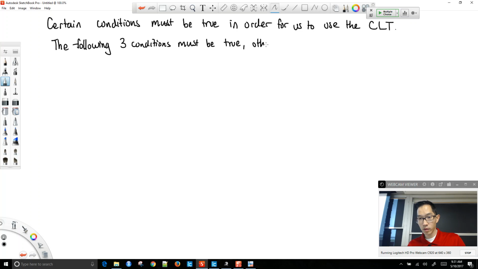Otherwise, we cannot use the normal distribution to approximate the sampling distribution.